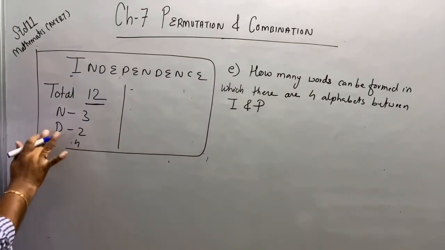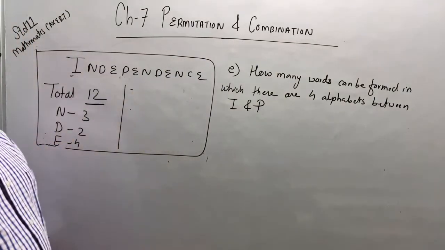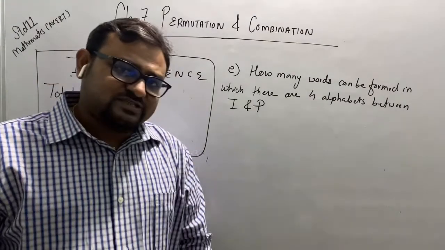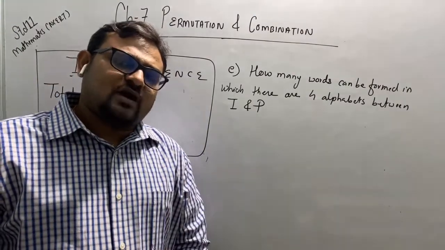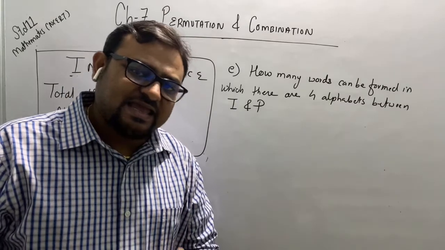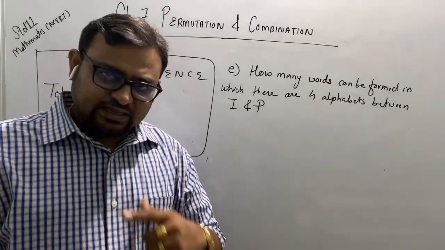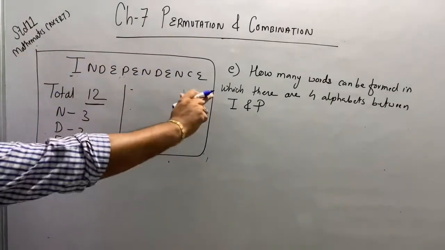Now see, the question is such that how many words can be formed in which there are 4 alphabets between I and P. Clear? So again, now see 12.